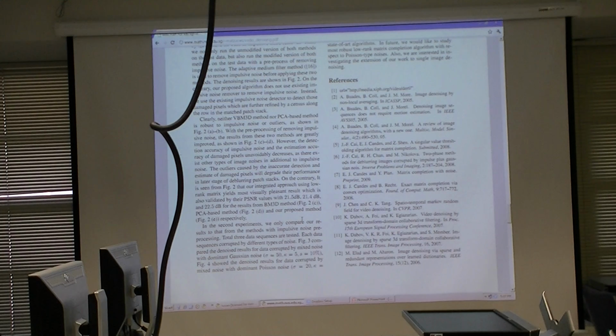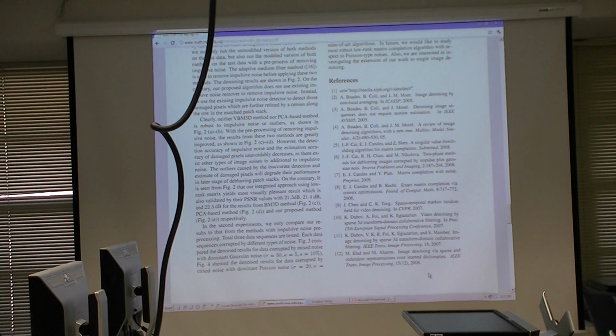First paper. Computer vision. The results.